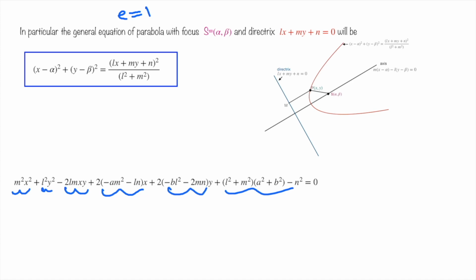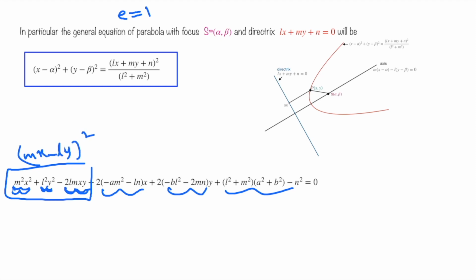The interesting thing is, here I group the second degree terms: x squared, y squared, xy. The remaining are first degree terms and the constant term. These second degree terms will complete a square, because here you see m square x square plus l square y square minus 2lmxy. I can write (mx minus ly) whole square.